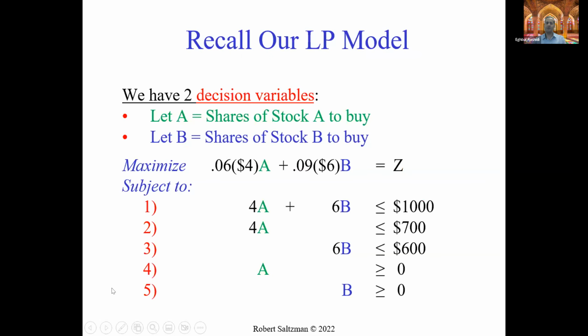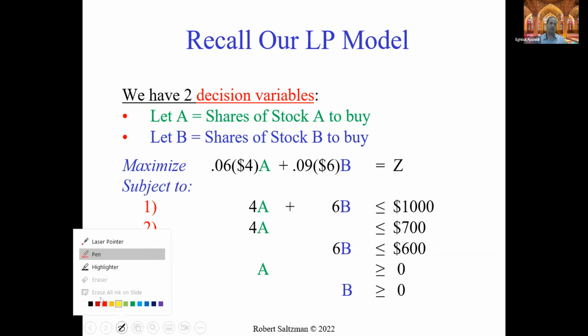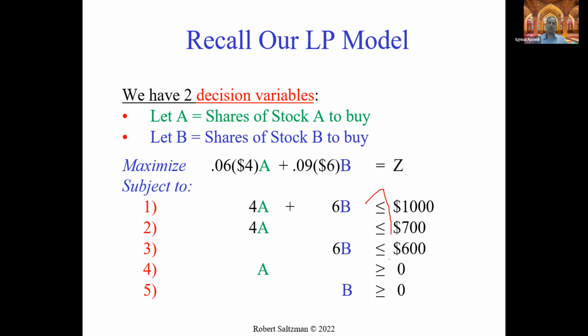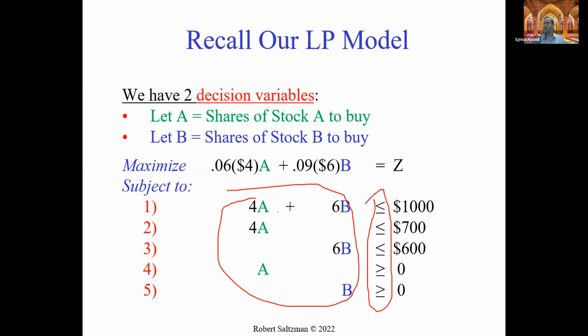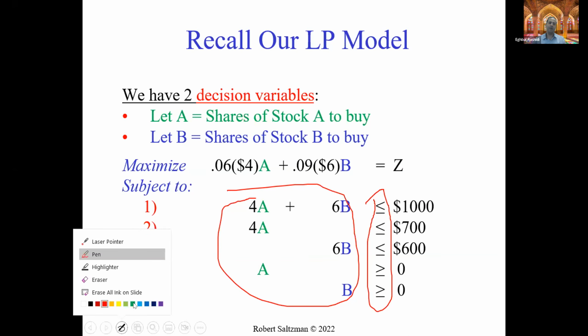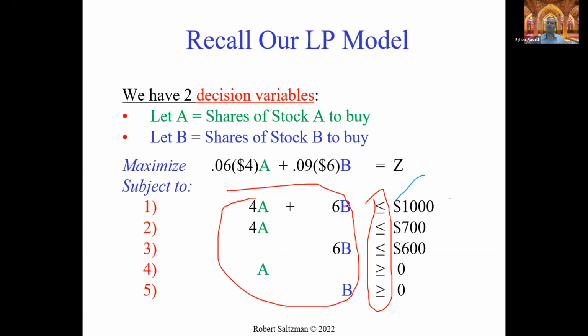You see the set of constraints here. This is the set of constraint inequalities. The left side of these values 4, 4, 6, 6, which is a matrix, these are called left-hand side, LHS. And on the other hand, the values on the right are called right-hand side, RHS.